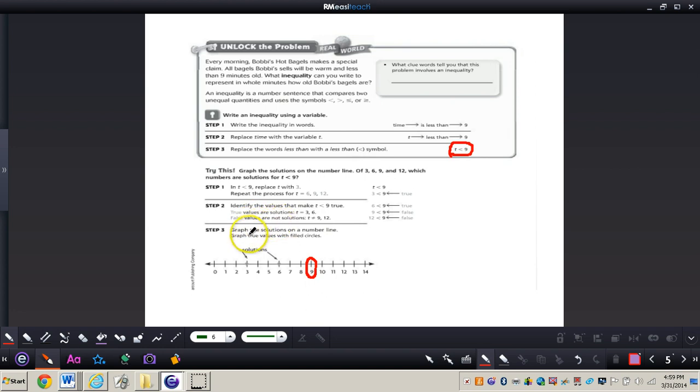The true values would be the filled in circles if we're graphing this on the number line. So 6 and 3 would definitely be solutions on the number line, and we know that because they're both less than the number 9.